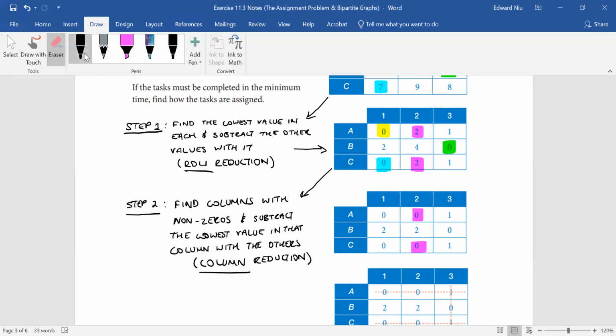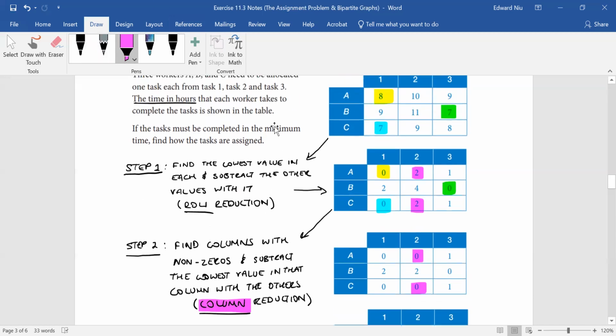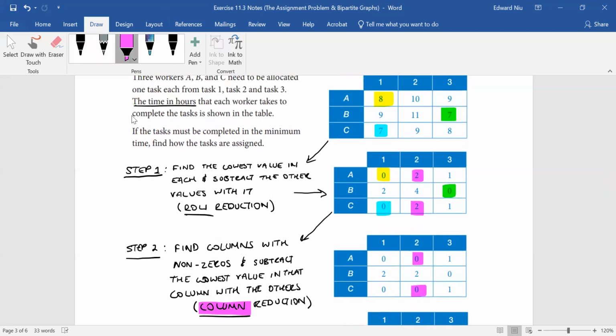Okay, so column reduction, let's highlight this in purple. And previously we had a bunch of colors. I don't like that. Let's make row reduction all these yellow. All right.